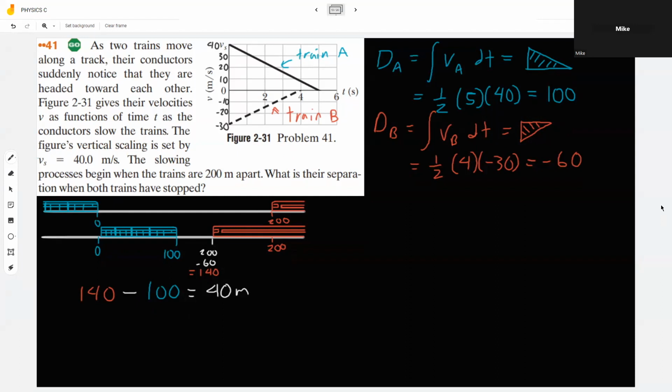So the area, train A is 40 to 0. So both trains have stopped. So the distance traveled by A is 100. The distance traveled by B is -60.